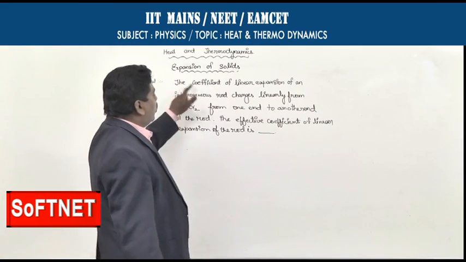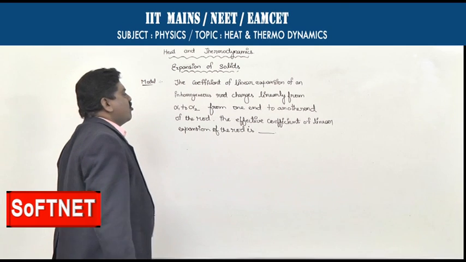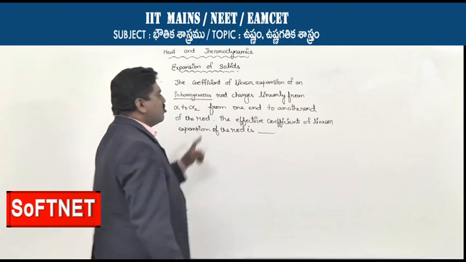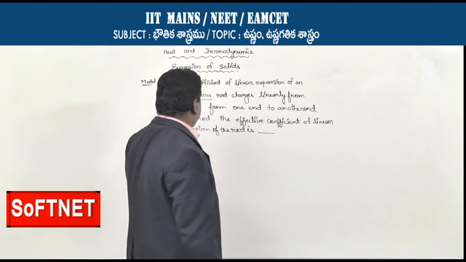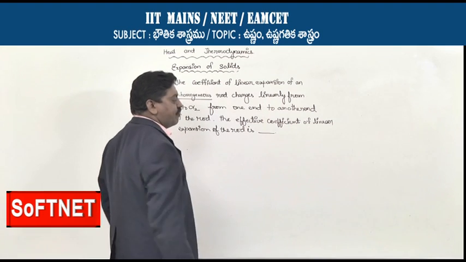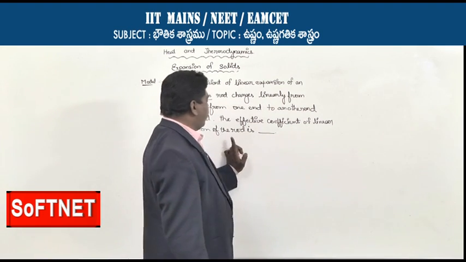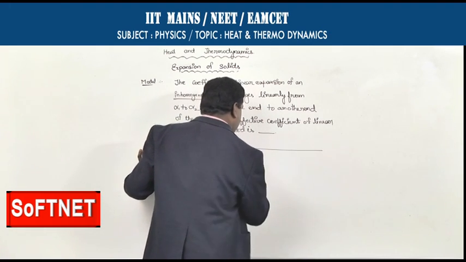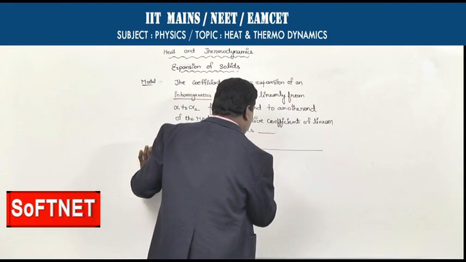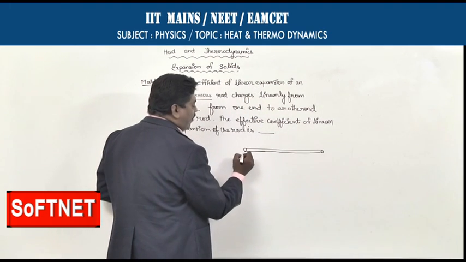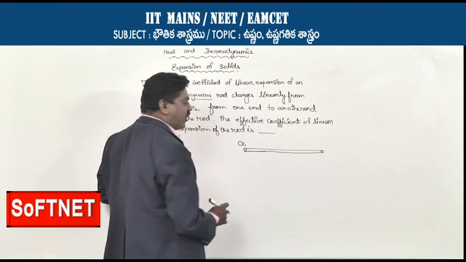The coefficient of linear expansion of an inhomogeneous rod changes linearly from alpha 1 to alpha 2 from one end to another end of the rod. The effective coefficient of linear expansion of the rod is, here we are having an inhomogeneous rod whose alpha value changes from one end to other end.